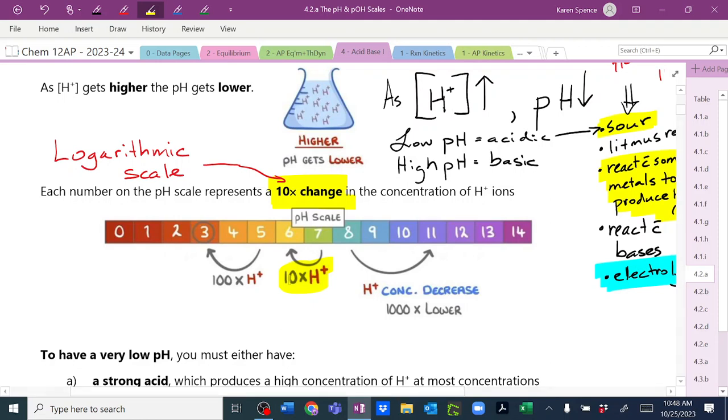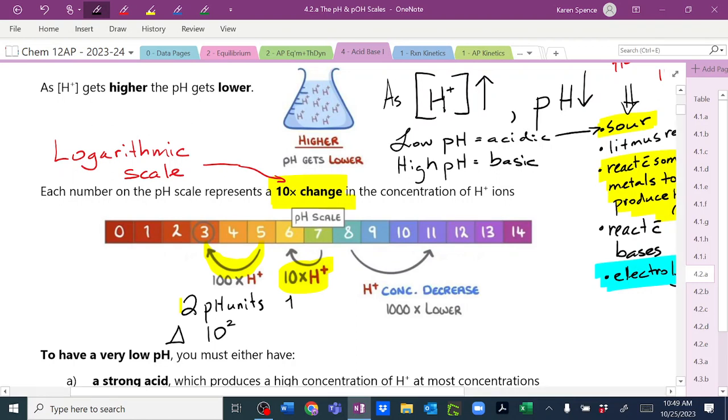If you start at 5 and move to 3, this is 2 pH units, so it changes by 10 to the power of 2.